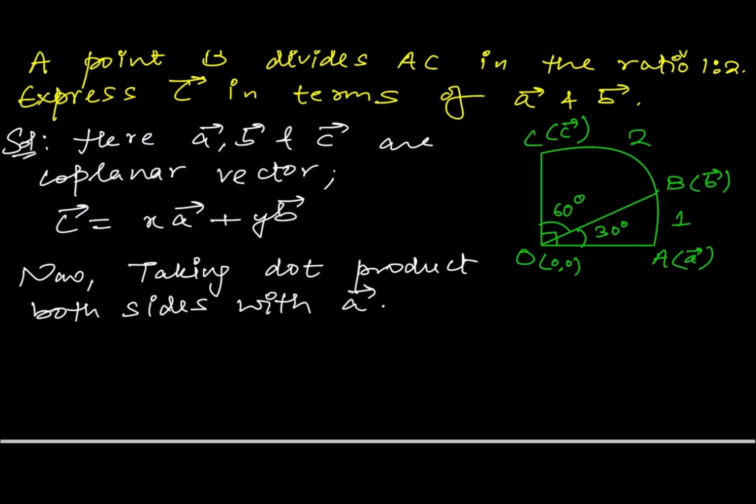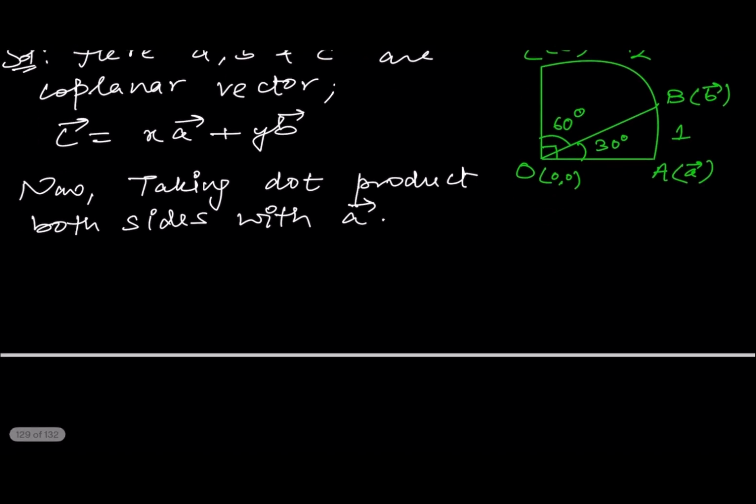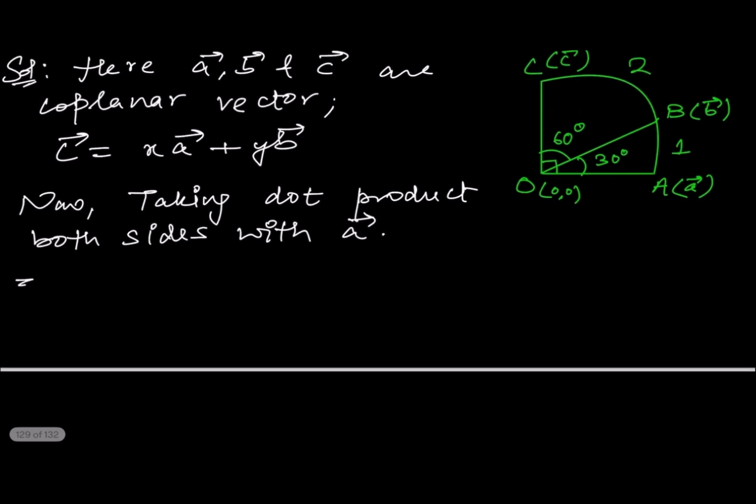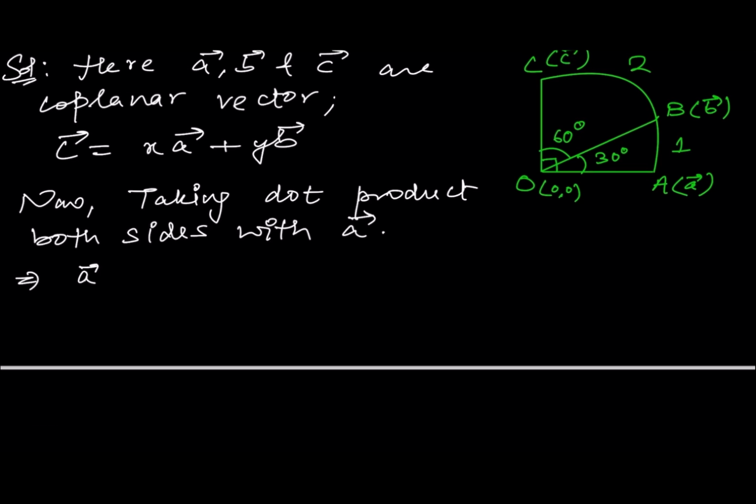You can take dot product both sides with any vector of A, B and C. I am taking right now with A vector. You can take with B vector or with C vector as well. So now if I do this, then it will become A vector dot C vector is equal to X A vector dot A vector plus Y B vector dot A vector, right?